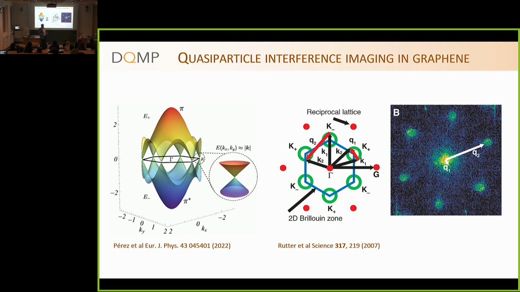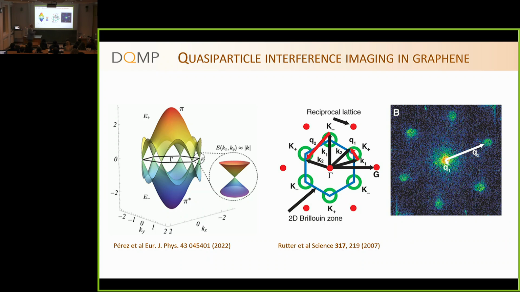Here is one example from our own lab, where we looked at what happens when you have spin-orbit coupling in this system. Normally you can scatter from one of these cones to another cone, from K to K minus or to any other cone, but you cannot scatter strongly within a single cone because of the spin configuration.